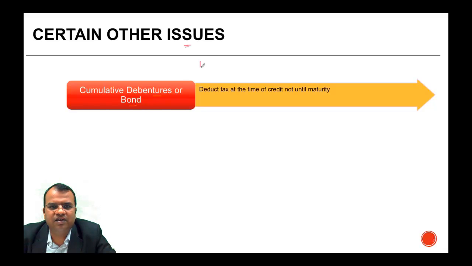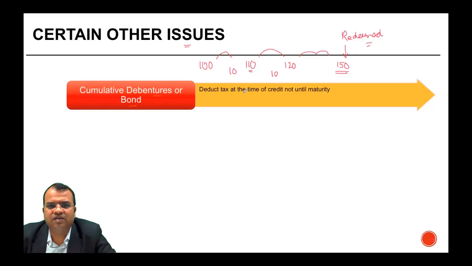Suppose there is a debenture of 100 rupees which is issued. At the end of the year, the interest of 10 is credited and 110 is the total amount which is due. In second year, again 10 is credited, 120 is the value of the debenture. It continues so on until the value reaches 150 when it is redeemed or it matures.